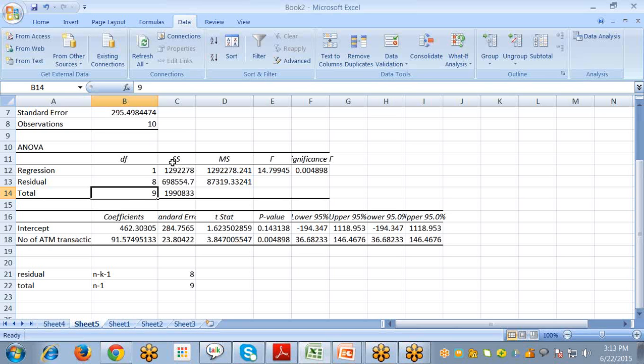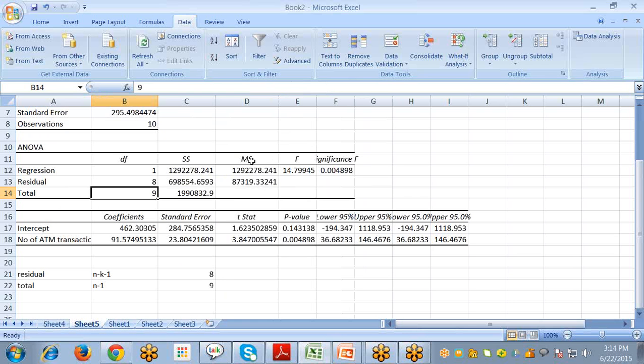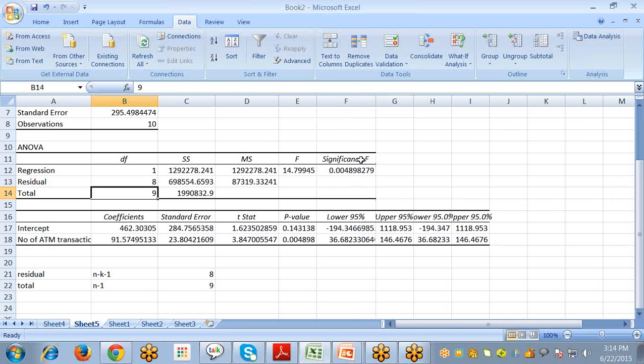Then we have SS, which stands for the sum of squares for regression, and MS stands for the mean sum of squares. And there is an F, which is the F statistic value, and this gives you the significance of F. It must be noted that this value should be very low.